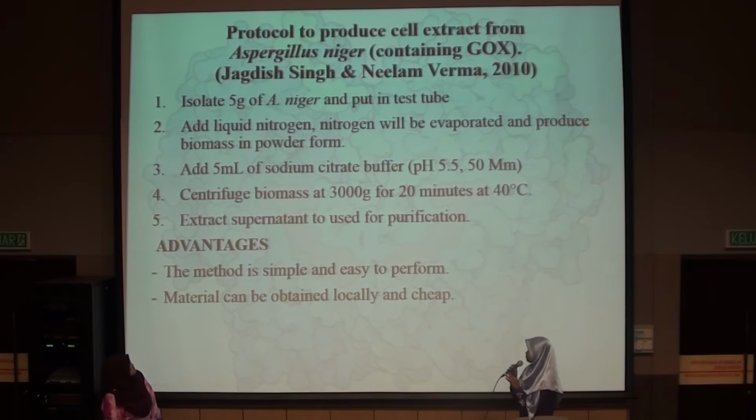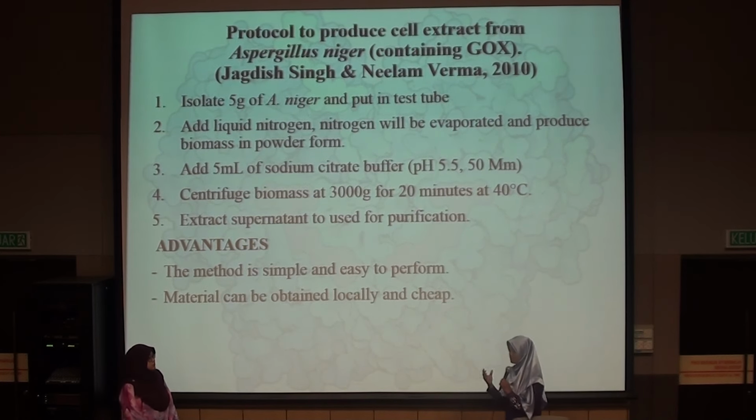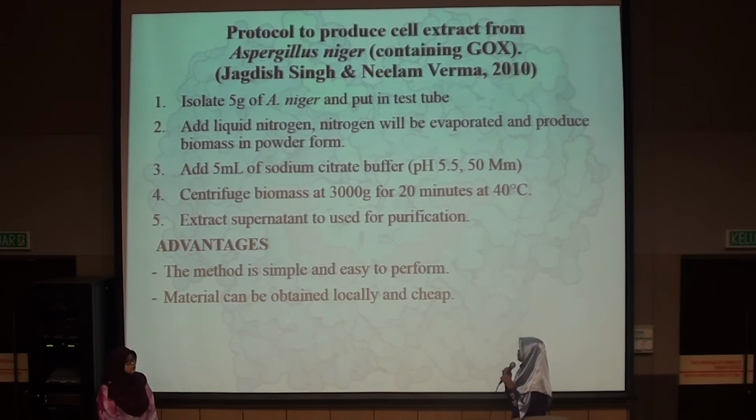Okay, after that, add 5 ml of sodium citrate buffer. This buffer has a pH of 5.5 because glucose oxidase is active at this pH. Then the test tube will be centrifuged at 3000 g for 20 minutes at 40 degrees Celsius.